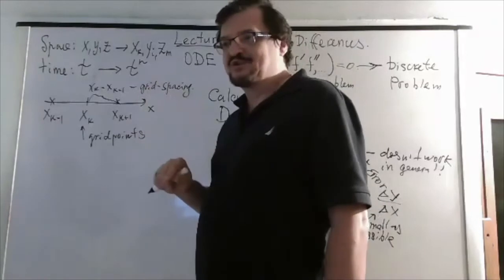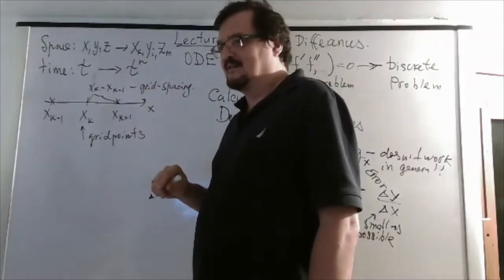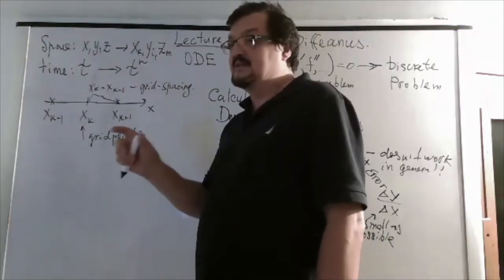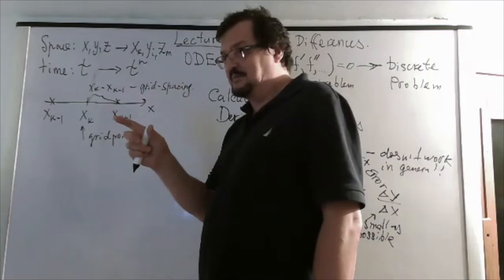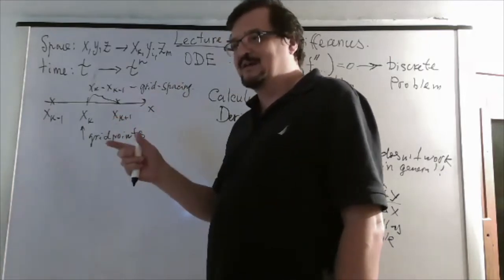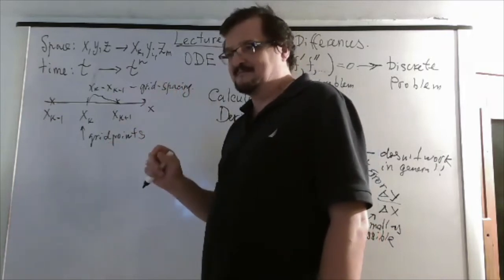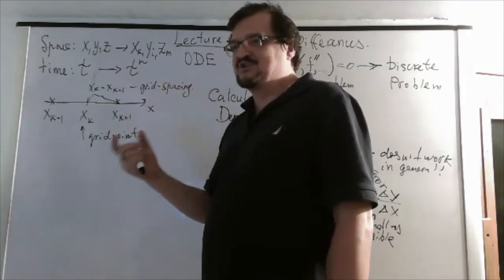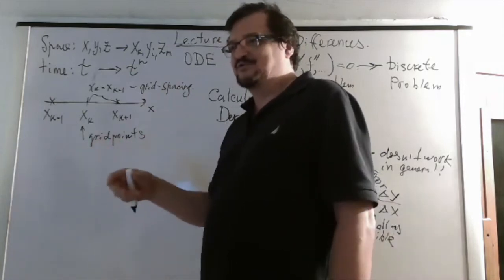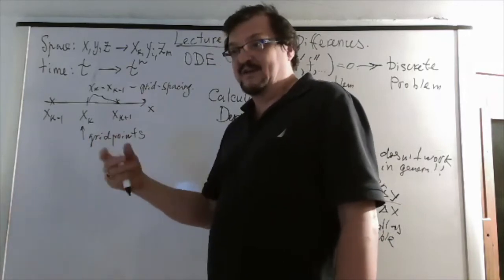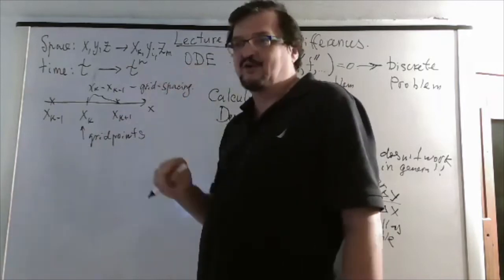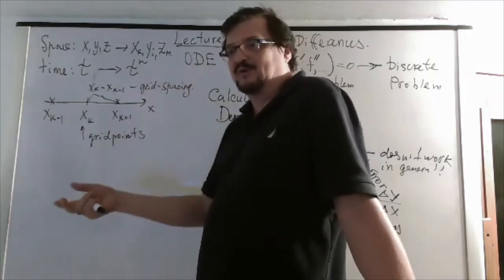This is not the resolution of your grid. People sometimes say the resolution of my model is 1 kilometer, meaning that the grid spacing is 1 kilometer. Resolution is not the same thing as spacing, because you cannot resolve anything at pixel level. It's like a picture of somebody. You need quite a few pixels to actually start resolving something, right? If it's a face, and you zoom in to a couple of pixels, you cannot say what it is.